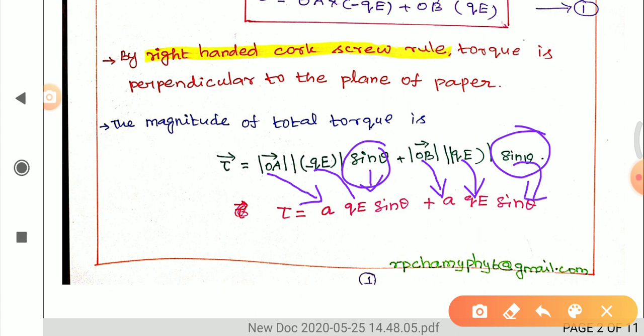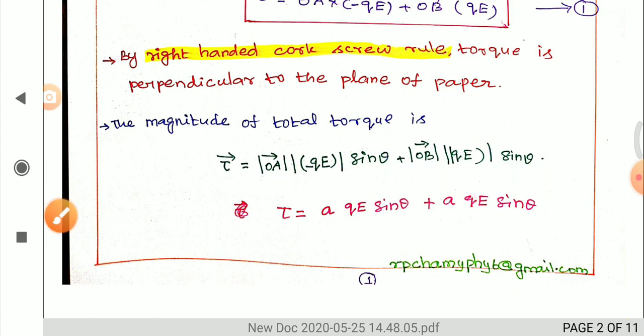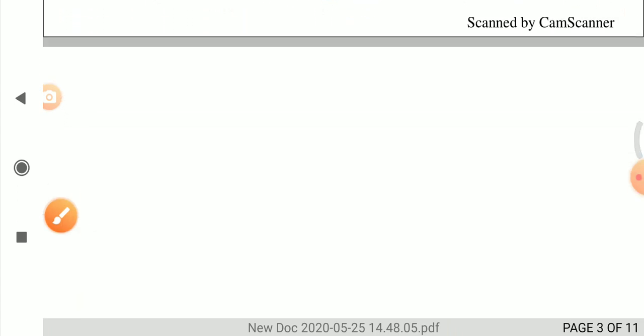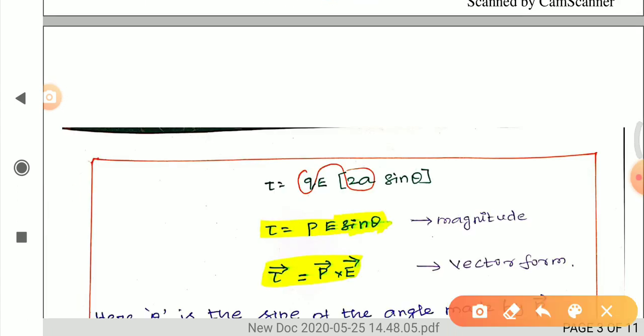Now if we look at this equation, what is the general term? Q is common in both, so we take QE common, and the remaining is 2a sin theta.